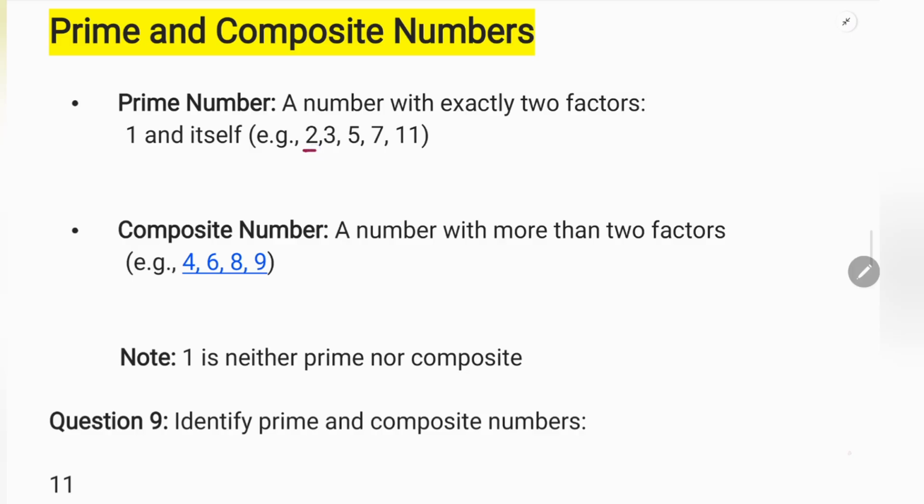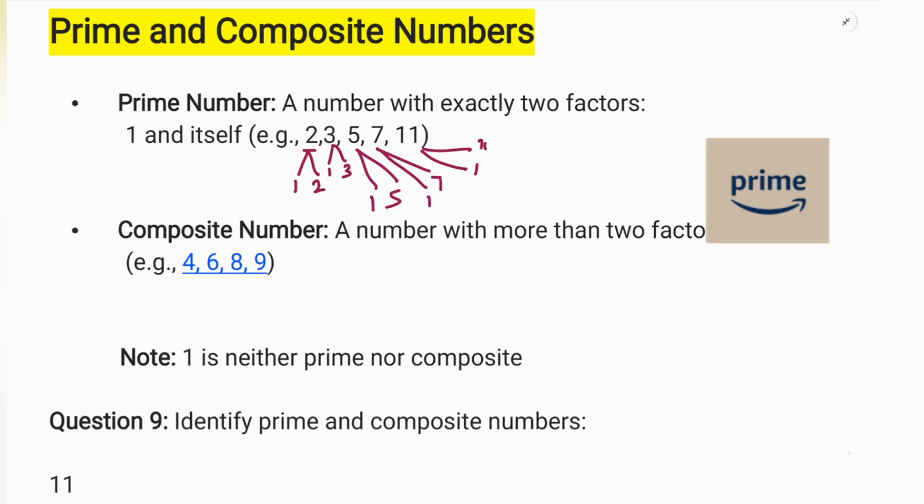Okay, 1 is not a prime number. 2 has only two factors, 1 and 2. 3 has only two factors, 1 and 3. 1 and itself. 5 has only two, 1 and 5. 7 has only two, 1 and 7, right? 11 has only two, 1 and 11, right? So these are those numbers which have only two factors. No other number divides them completely, are known as prime numbers.